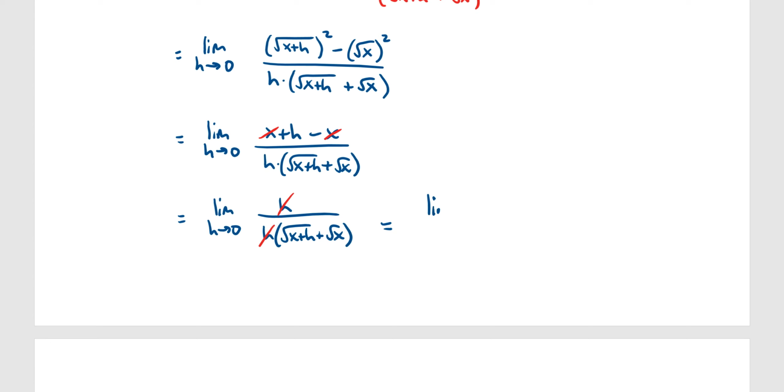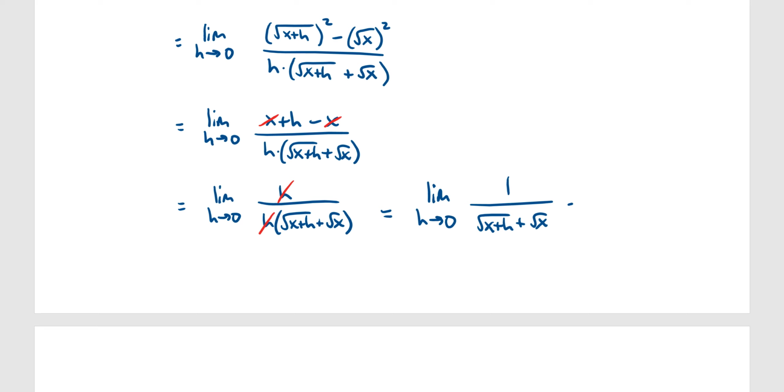We have the limit as h goes to 0 of 1 over the square root of x plus h plus the square root of x. And now we can plug in 0 here. So plugging in 0, we have 1 over the square root of x plus 0 plus the square root of x.